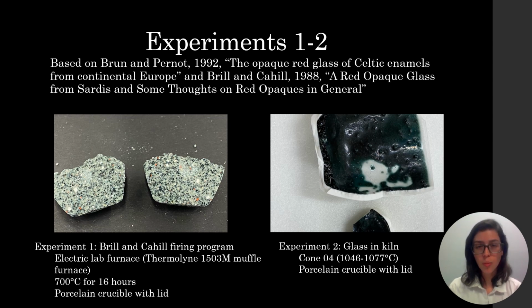The kiln did not reach 1046 degrees, as the pyrometric witness cone did not bend, but it did reach between 967 and 1000 degrees Celsius. The glass mixture vitrified, though the glass was green and had many air bubbles, so it did not produce a homogeneous glass.